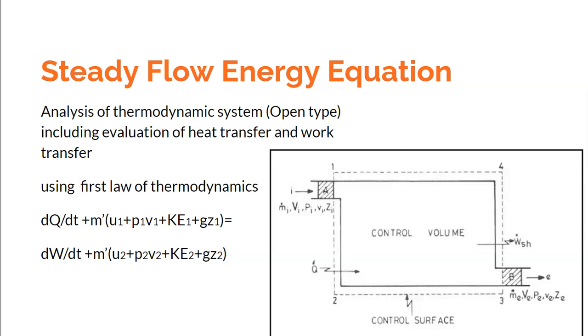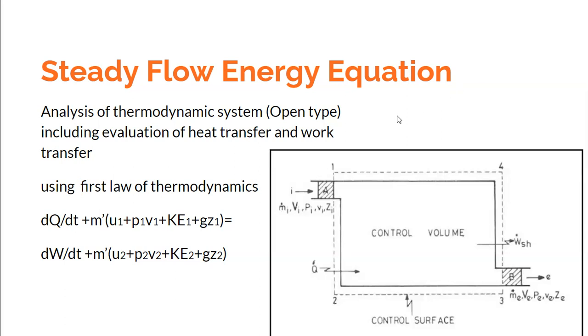We know that some mass is entering at section 1, which is the inlet section, and that mass would have a certain energy associated with it. And what is that energy? That energy would be the internal energy U1.